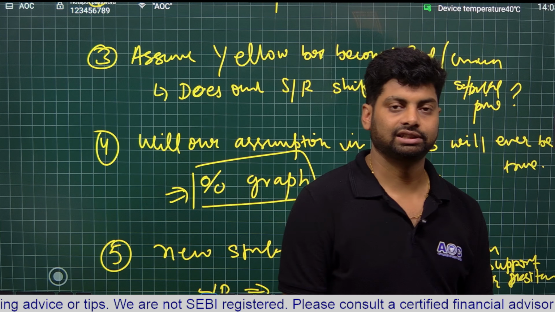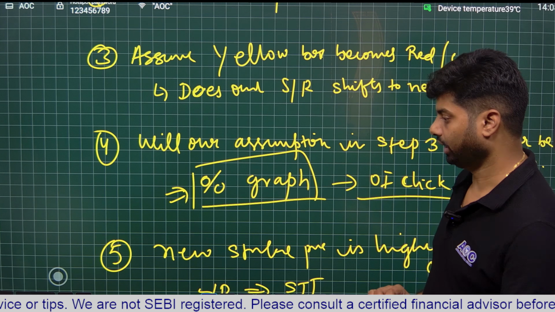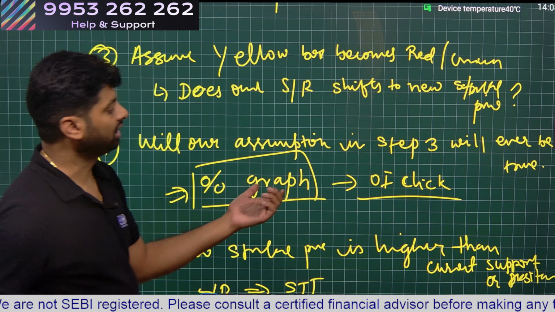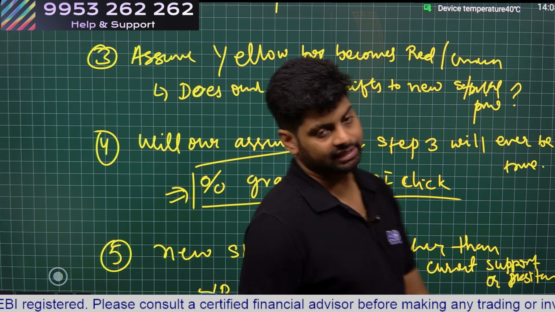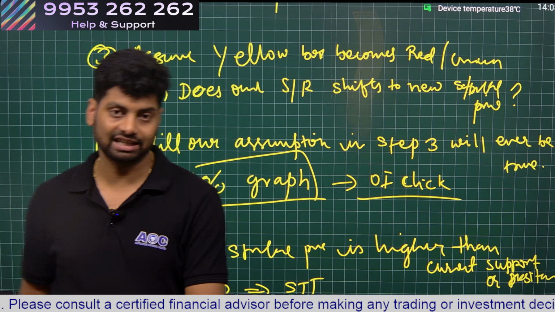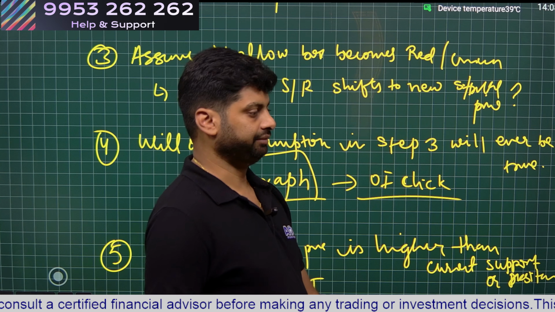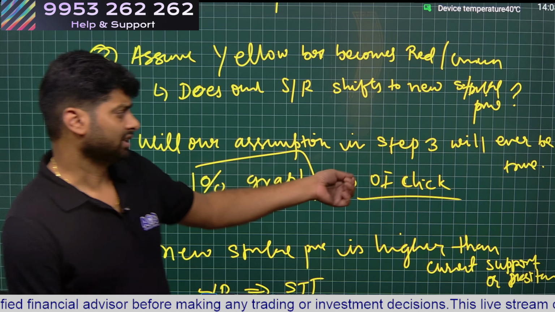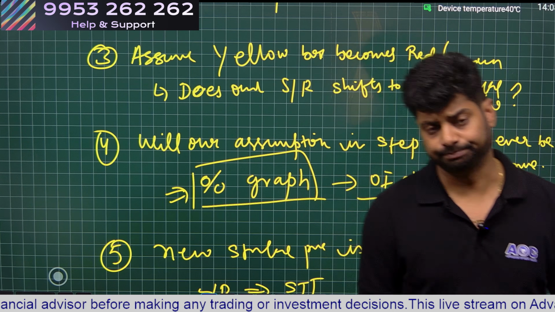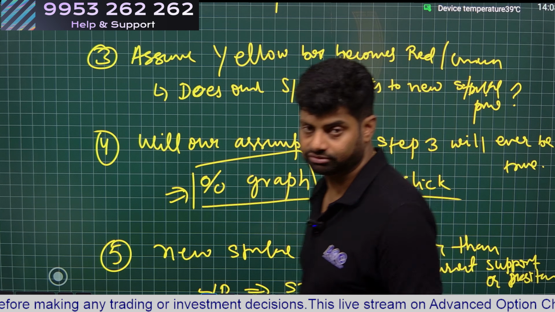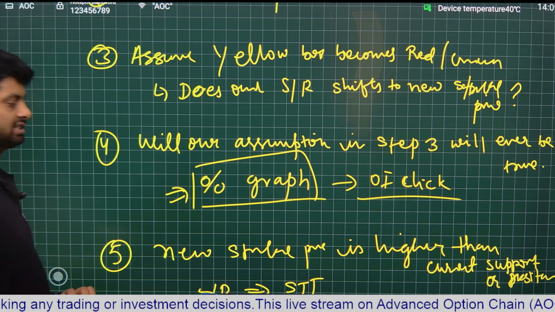Where can you find the percentage graph? You can click on the OI of that weakness strike price to find out if the percentage will ever reach 100%. If the percentage graph is rising, that means increasing, it will eventually reach 100%. If that is true, then our support or resistance is STT or STB. If that is false, our support or resistance is strong.